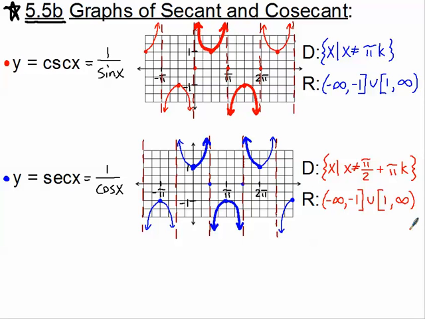Lastly, I want to talk about the period on this page. Remember, the period for the sine curve is 2 pi. The period for the cosine curve is 2 pi. And that's why the period for both of the reciprocals is 2 pi. The period for both of these graphs is 2 pi.